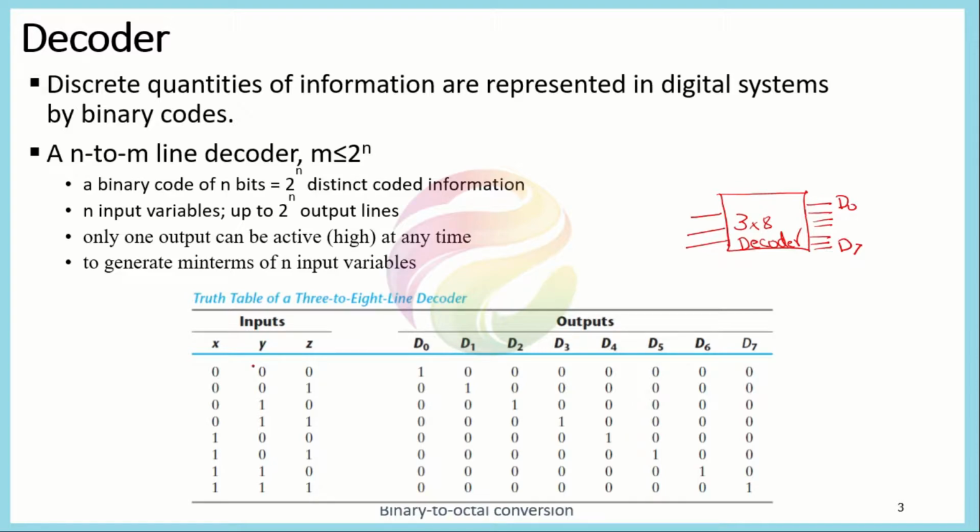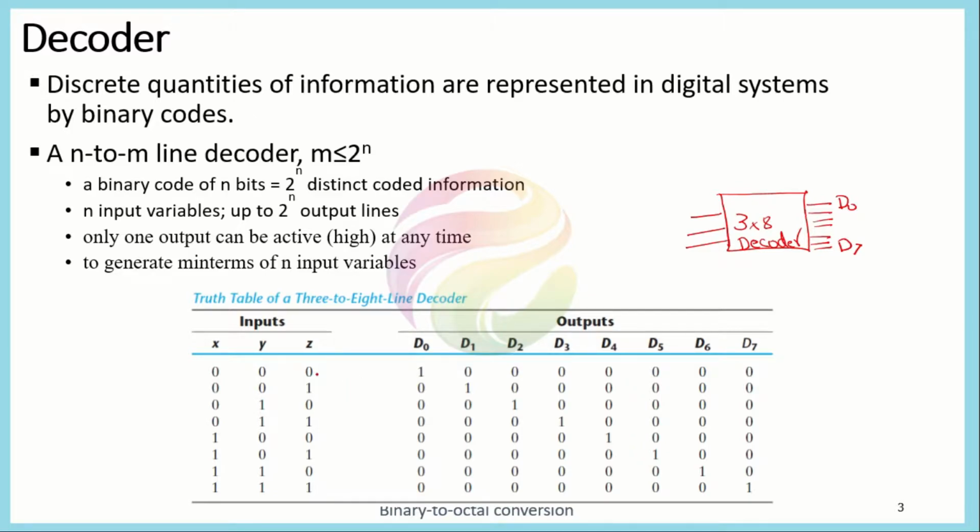The inputs are selected in this way: if we have 3 inputs X, Y and Z, then they are represented in the form of 8 combinations, which are shown here. Against any combination, only one of the outputs is equal to 1 and the rest of the outputs are equal to 0.